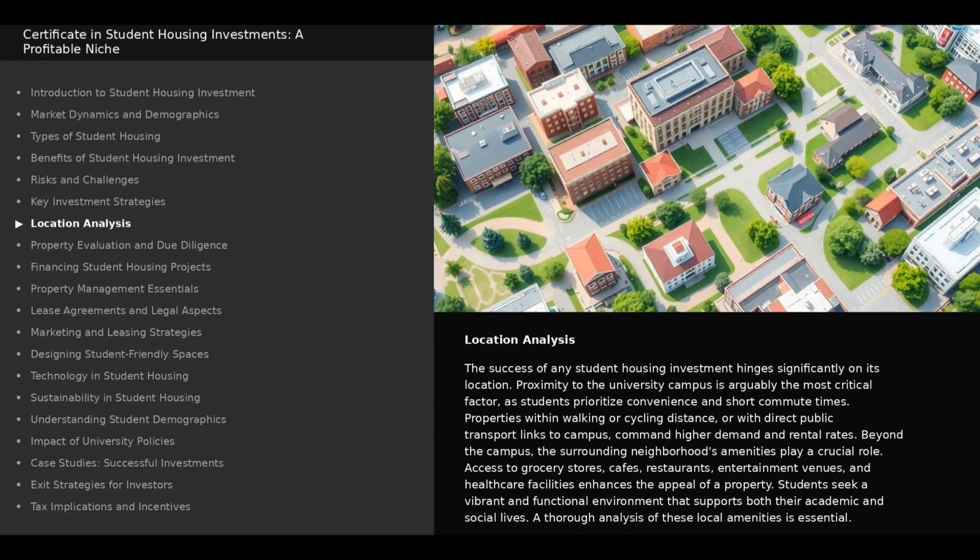Beyond the campus, the surrounding neighborhood's amenities play a crucial role. Access to grocery stores, cafes, restaurants, entertainment venues, and healthcare facilities enhances the appeal of a property. Students seek a vibrant and functional environment that supports both their academic and social lives. A thorough analysis of these local amenities is essential.